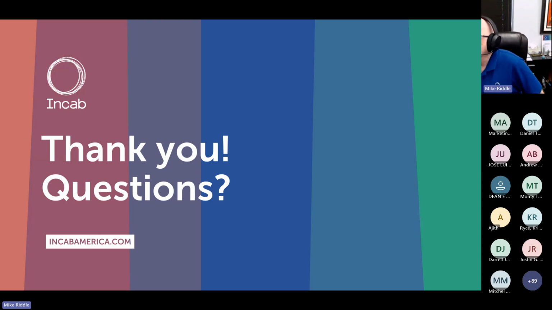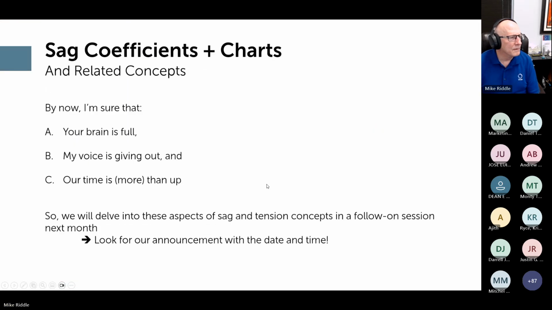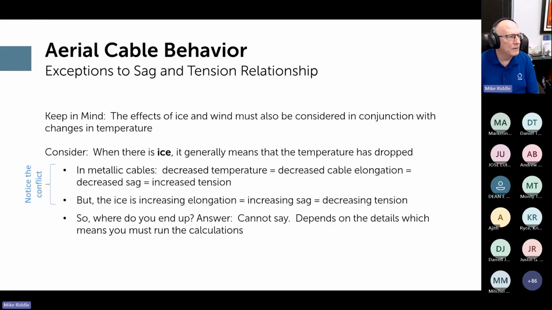Increasing ice increases sag, and the slide said decreases tension. Yeah, I think I screwed something up. Let's go back and look at something. In metallic cables, decreased temperature equals decreased cable elongation.